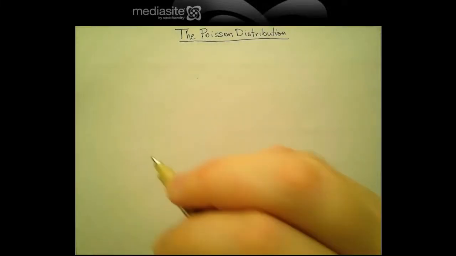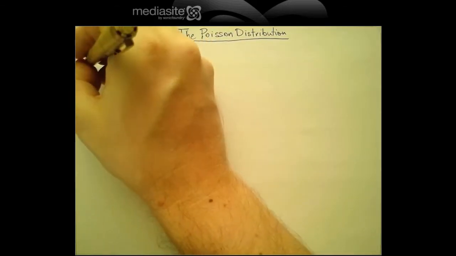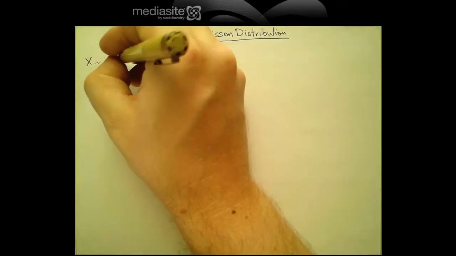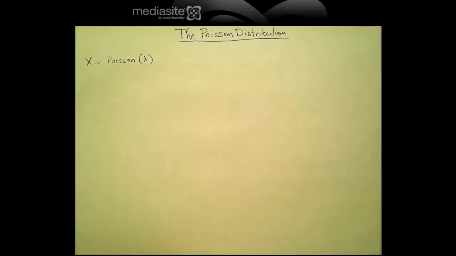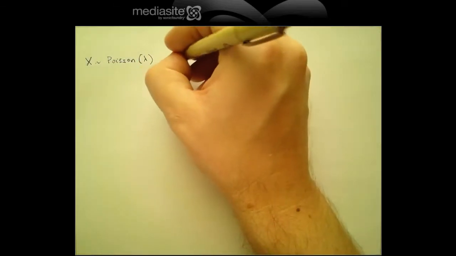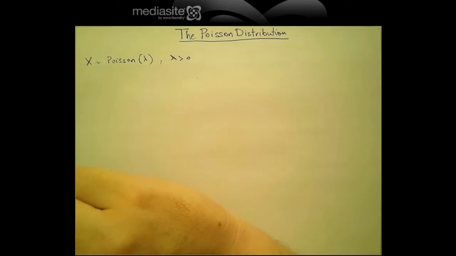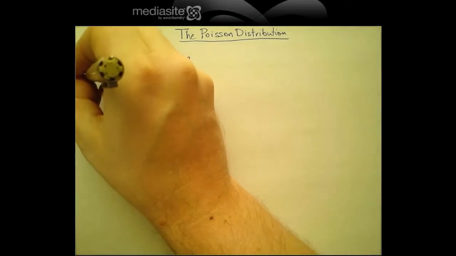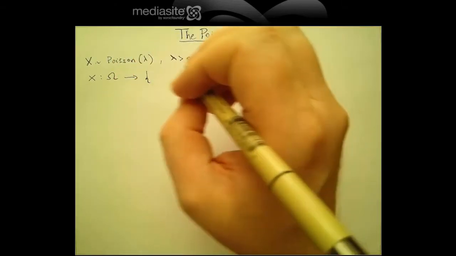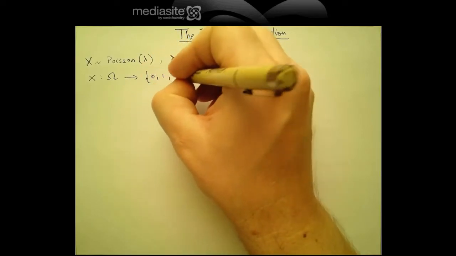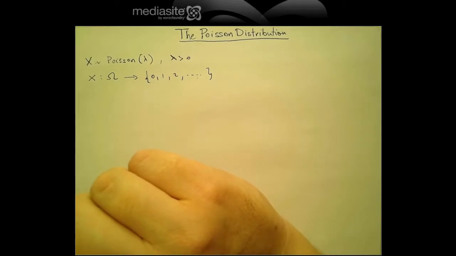We talk about the Poisson distribution. A random variable x will have a Poisson distribution with parameter lambda, where lambda is some positive number, if it can take values in the integers 0, 1, 2, etc., and has the following masses.